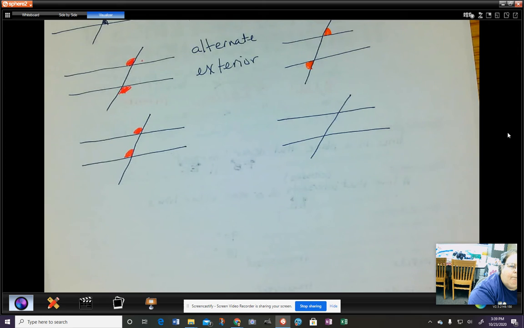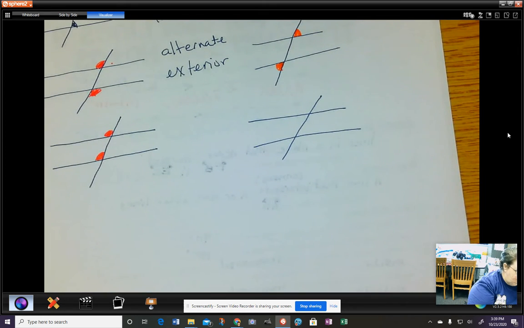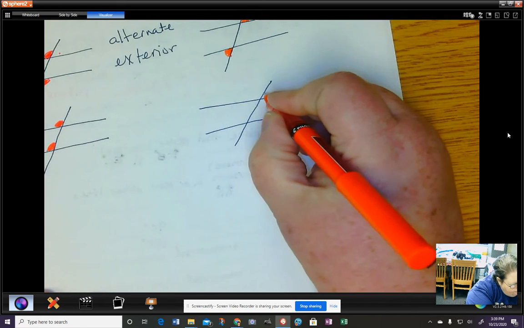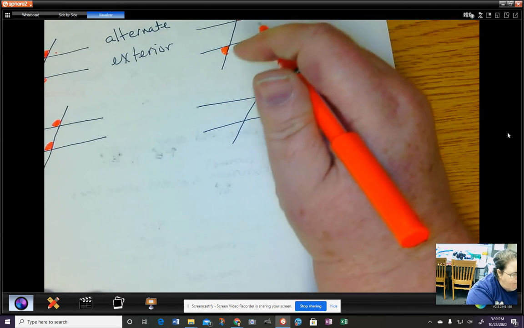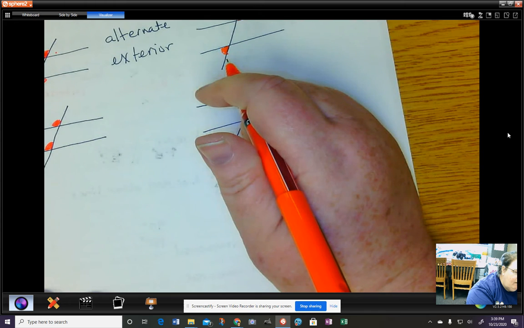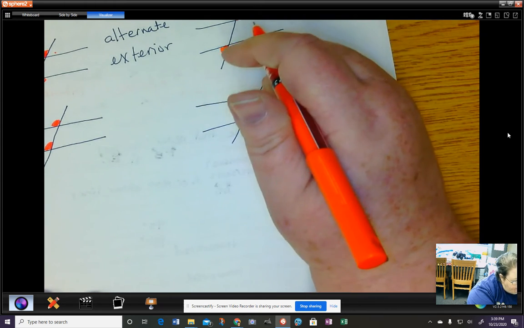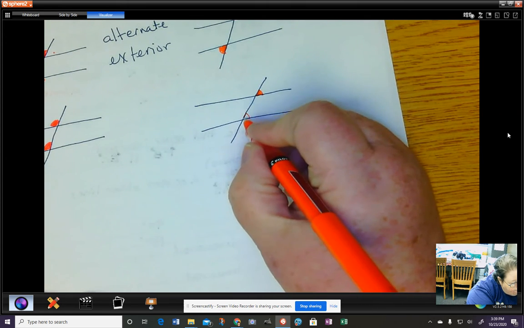Right? Okay. If I take this angle and slide it down the transversal to the next line, it would end up right here.